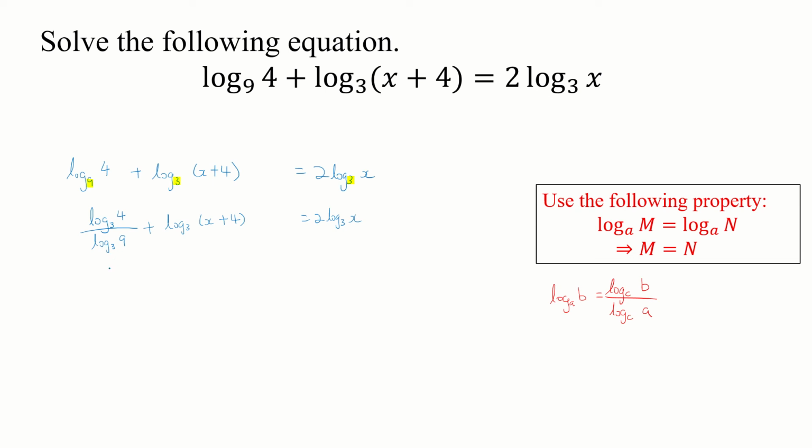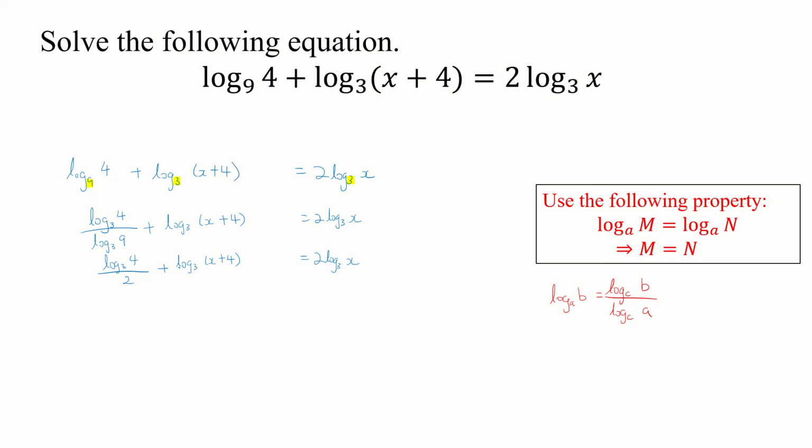Okay, what is log base 3 of 4? We don't know. It's going to be an irrational number, but log base 3 of 9 I know. Log base 3 of 9 is actually 2. Plus log base 3 of (x plus 4) equals 2 log base 3 of x. So on the left, both are having the same base already.